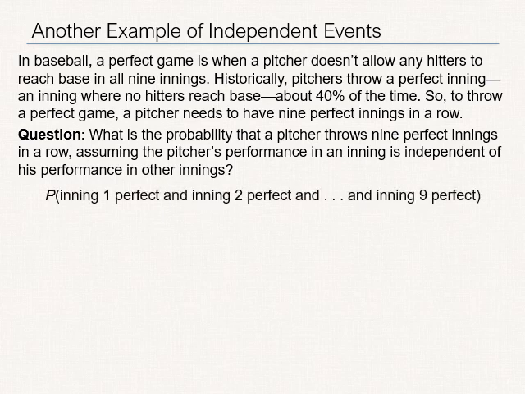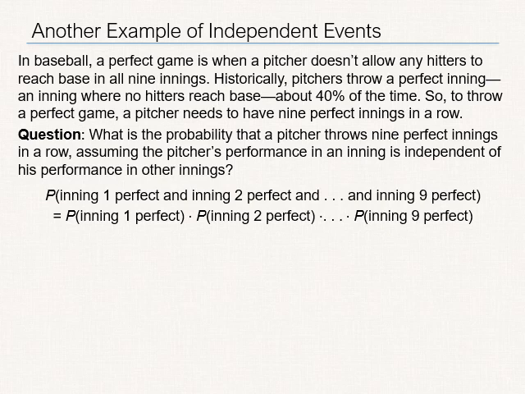So he'd have to have inning 1 be perfect, and inning 2 be perfect, and so on up till we get 9 innings that are perfect. So it's the probability that inning 1 is perfect times the probability that inning 2 is perfect, and we're assuming that happens about 40% of the time. So we would simply do 0.4 times 0.4 times 0.4, up 9 times, or 0.4 to the 9th power. So you can see this is really a small occurrence, right?